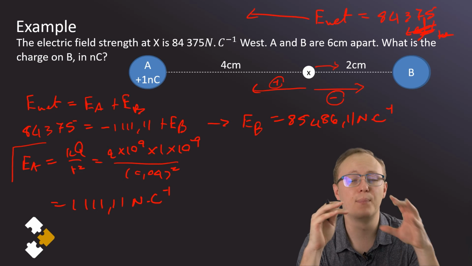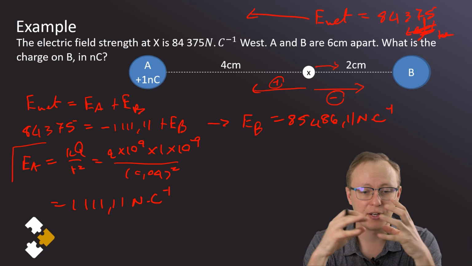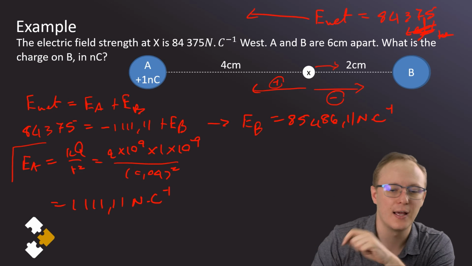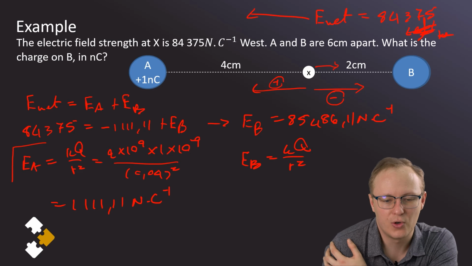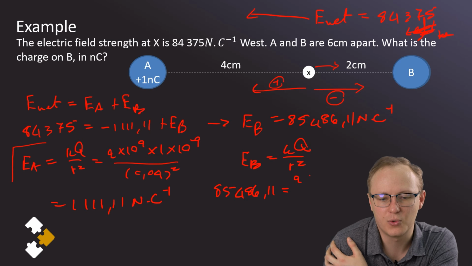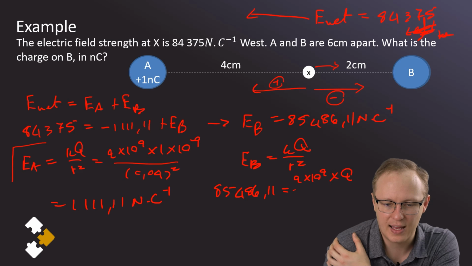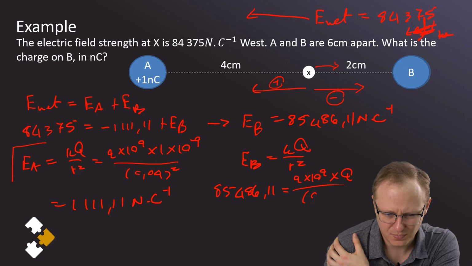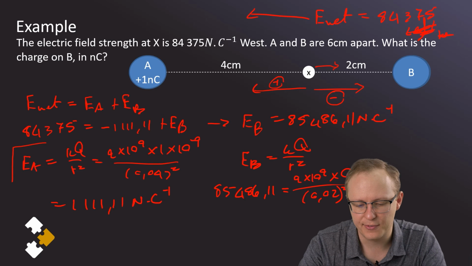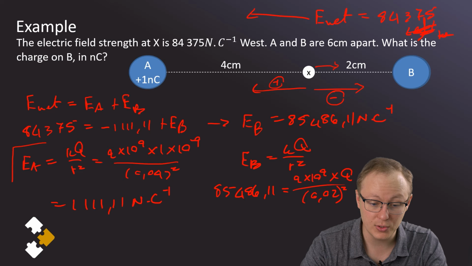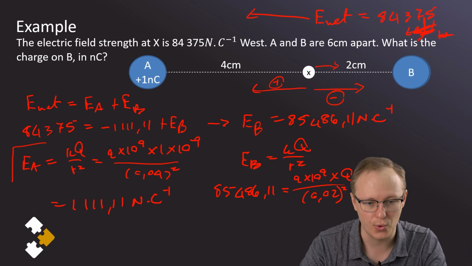So now we're in luck because we've got the electric field strength due to B only, and we know that this EB is going to be equal to KQ over R squared, right? So this 85,486.11 is going to be equal to the 9 times 10 to the 9 times Q, which is what we're trying to find, and that's divided by R squared, which is 0.02 squared. Okay, so I'm going to take this 85,486.11, I'm going to multiply it by 0.02 squared, right?